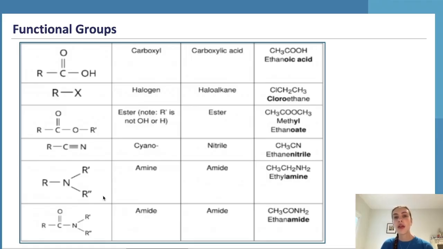We could also have other options where we can have a carbon chain bonded here, a carbon chain bonded here, and then a hydrogen bonded here. Or we could have a carbon chain here, a carbon chain here, and a carbon chain here. So it can be 1, 2, or all 3 of the hydrogens from the original ammonia molecule which are replaced with carbon chains.